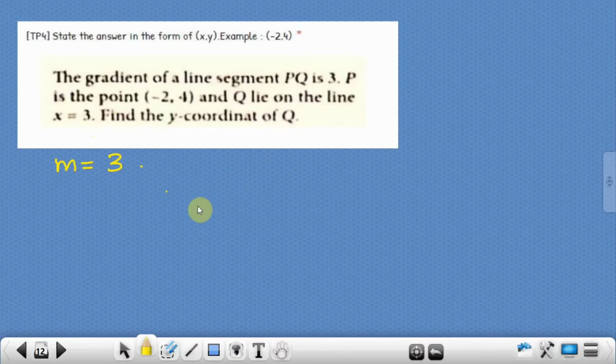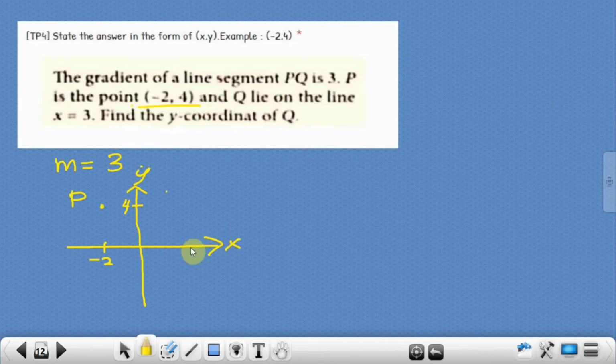First of all, we need to sketch where point P and Q are. We know P is -2, 4. This is -2, this is 4, so P will be somewhere here. This is P. And Q lies on the line x equal to 3.